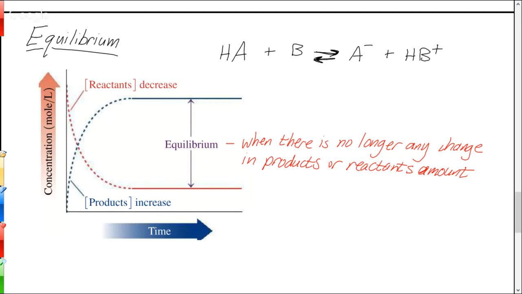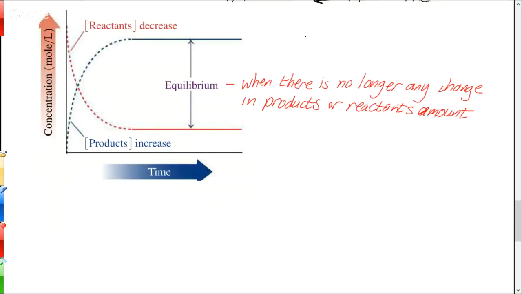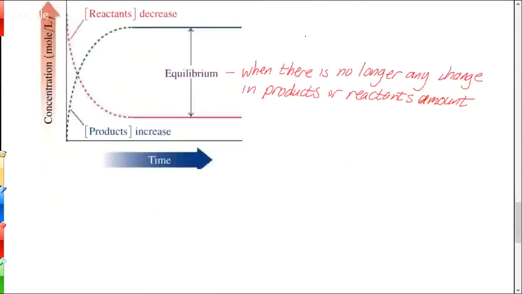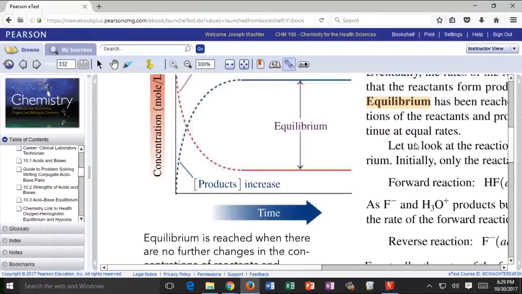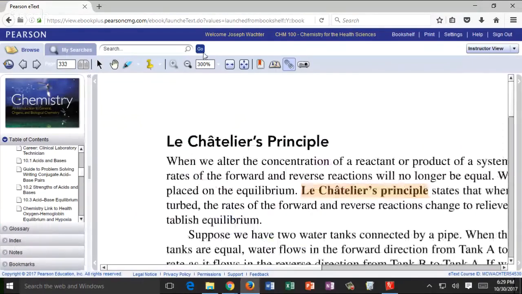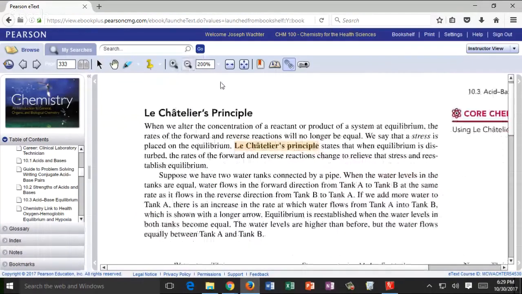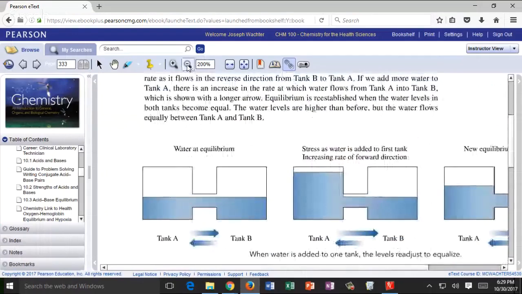They have some degree of equilibrium where they can go a little bit backwards or a lot backwards, depending on the reaction. And the other neat thing about equilibrium is you can kind of control it. And the best way to think about this is with water.